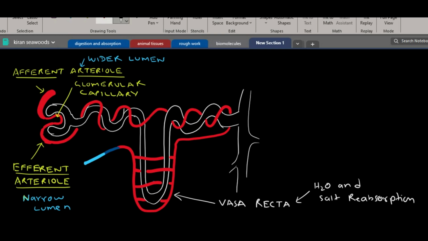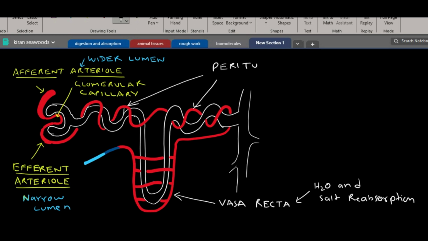What are the capillaries called which are present around the coiled tubules, PCT and DCT? The capillaries which are surrounding the PCT and DCT are referred to as peritubular capillaries.